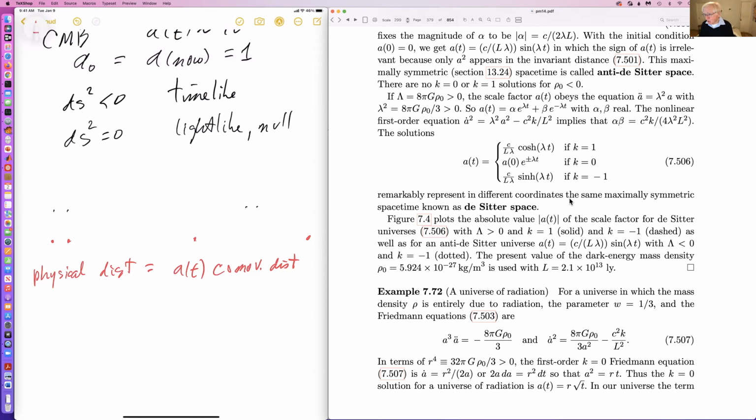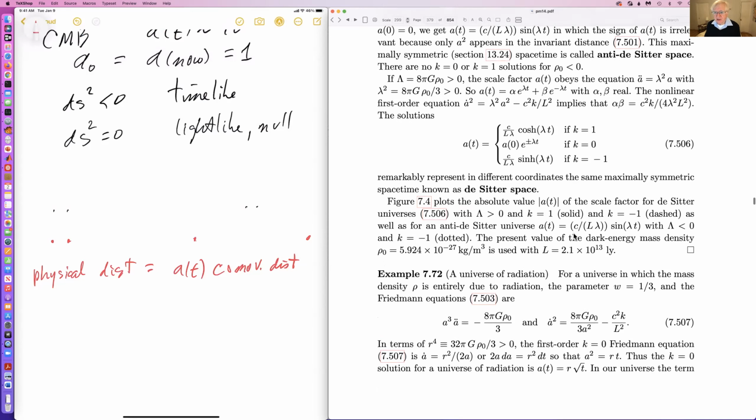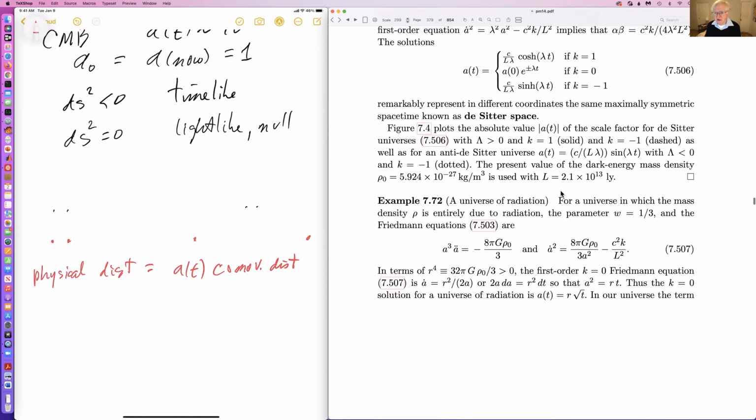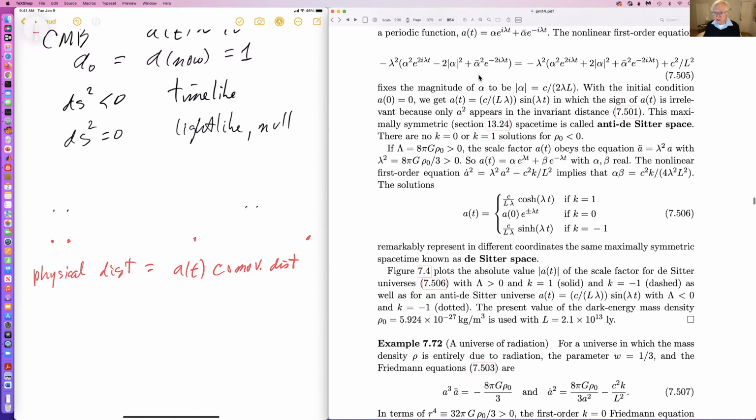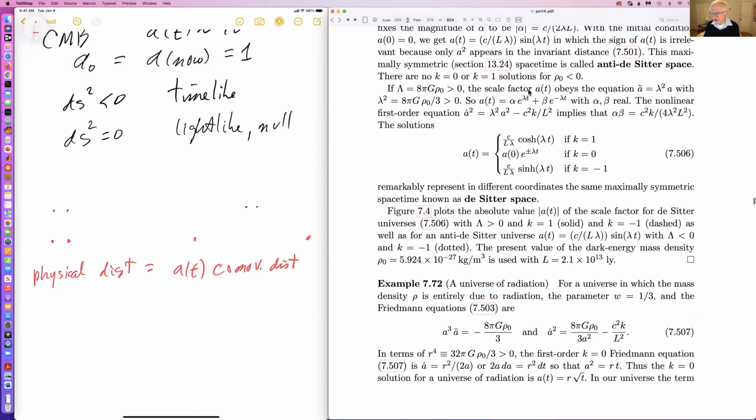It's just the same equations in the new variables. In this particular case, these three solutions represent in different coordinates the same space-time, which is known as de Sitter space. So de Sitter space is where you have a positive vacuum energy, which is the present case, and anti-de Sitter is the crazy case.